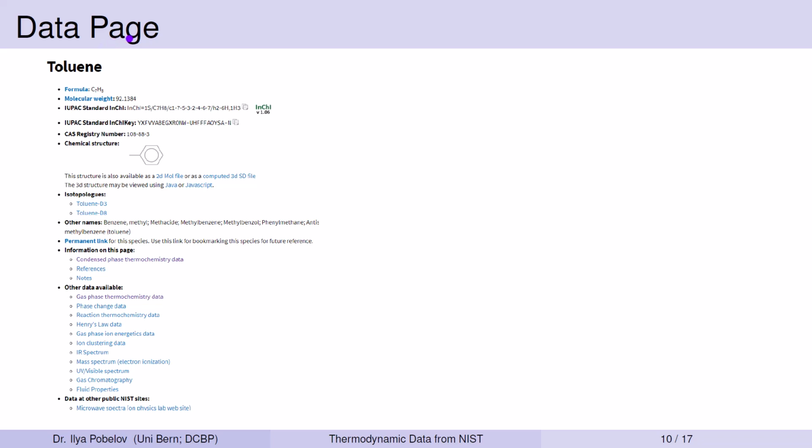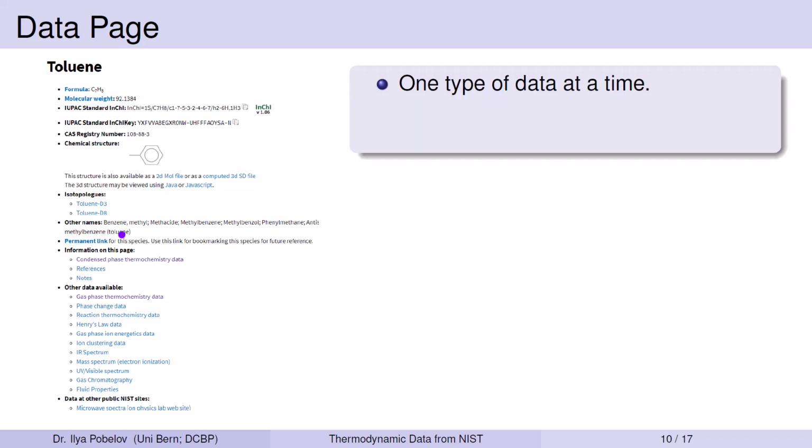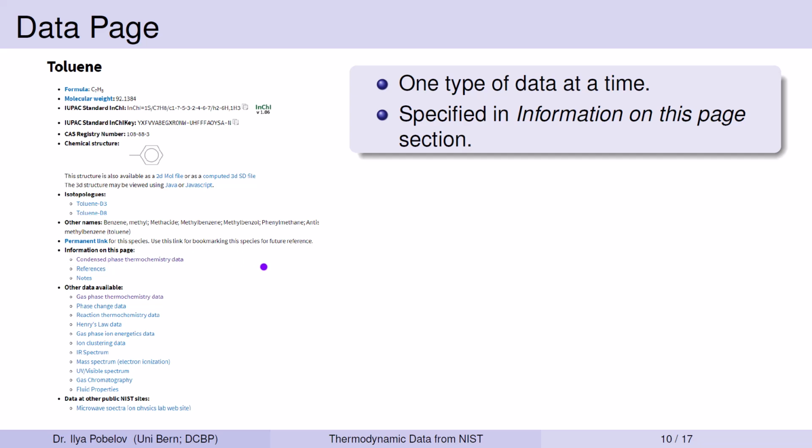The data page for a substance provides access to detailed information about that substance. It displays only one type of data at a time, as specified in the Information on this page section.